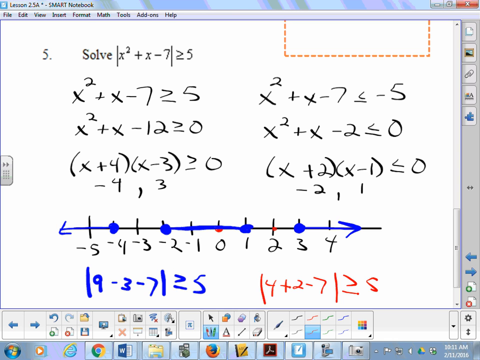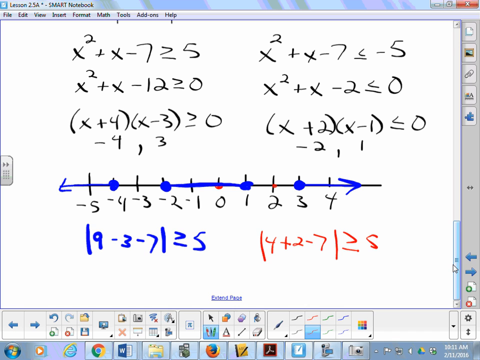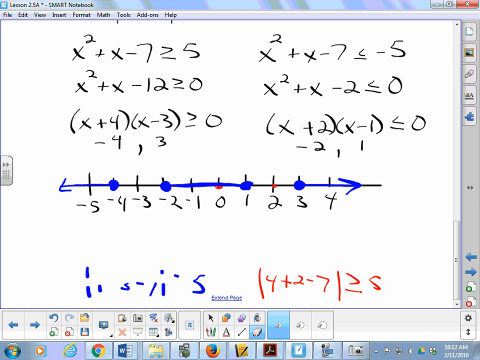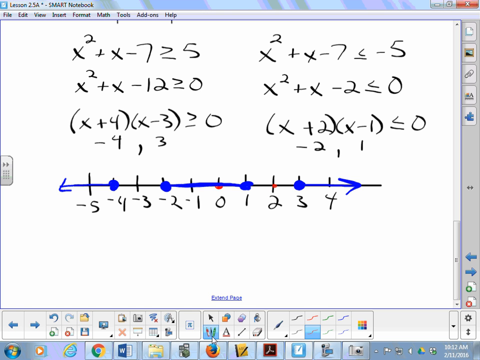So how do I write it the other way then? You just have to make sure that you have ors in it. So I'm going to write it both ways for those of you who would like to see it both ways. Compound inequality: x is less than or equal to -4, or x is greater than or equal to -2 and less than or equal to 1, or x is greater than or equal to 3.